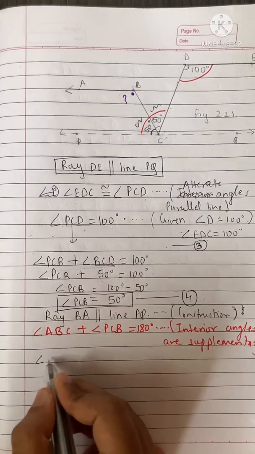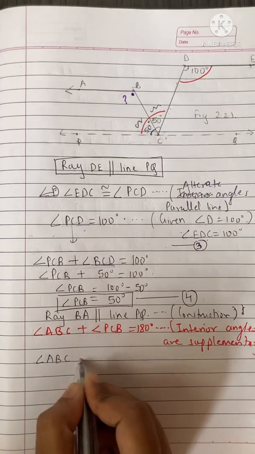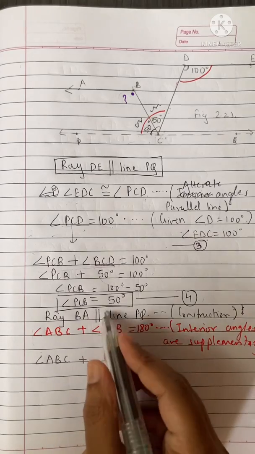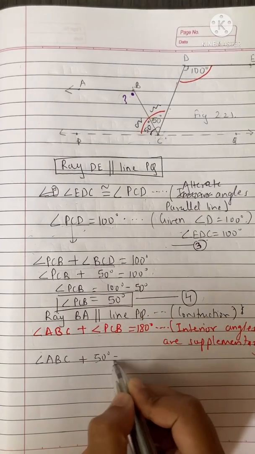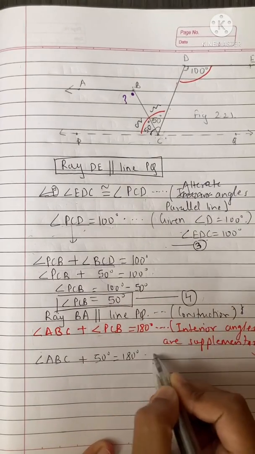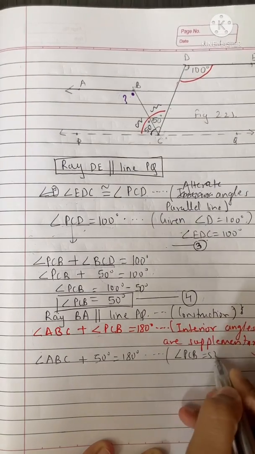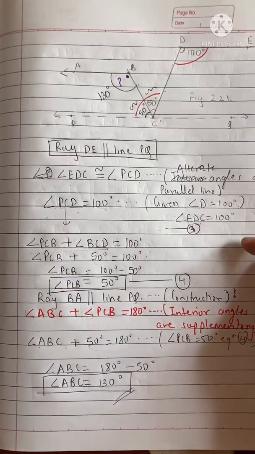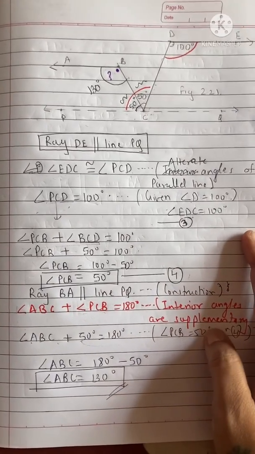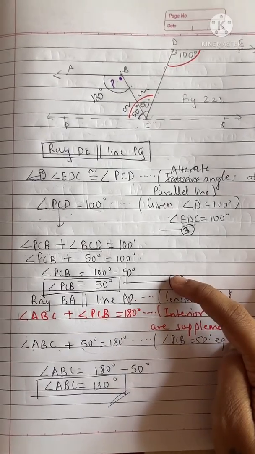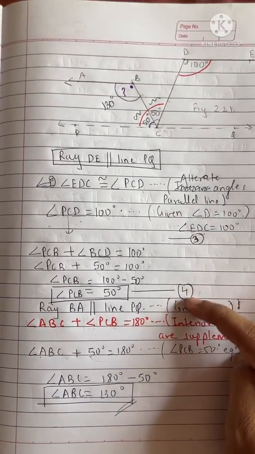Now write down ABC as it is, because we don't know the measurement of ABC. We have to find out. It is question mark. Angle PCB is what? 50 degree, equal to 180 degree. Write down like that. So angle PCB equal to 50 degree. So for this part, you also have to write down PCB is equal to 50 degree from equation 4. Okay, it's better if you mention from which equation we have taken.